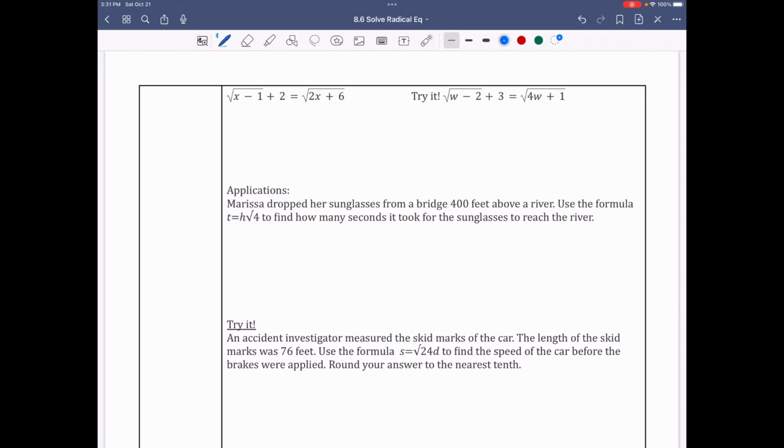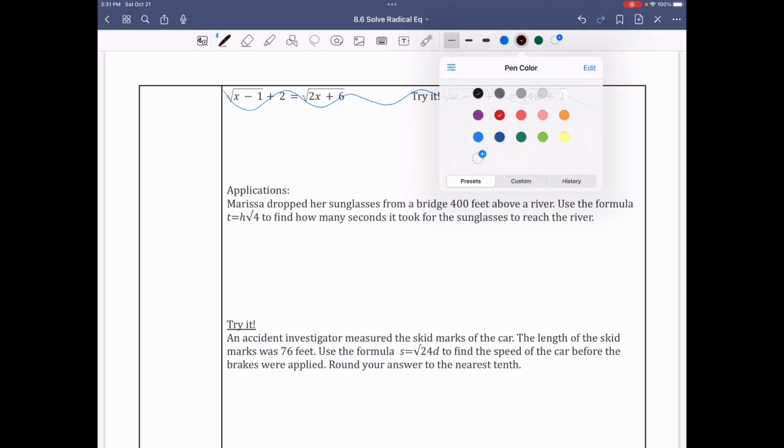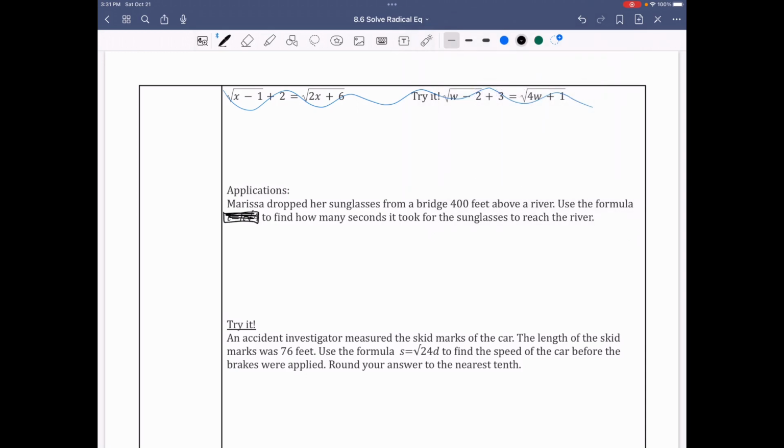So that we have enough time, we're actually going to skip these two problems. And in this application problem, my equation editor messed this up a little bit. So I want you to take this equation and instead write t equals the square root of h over 4.